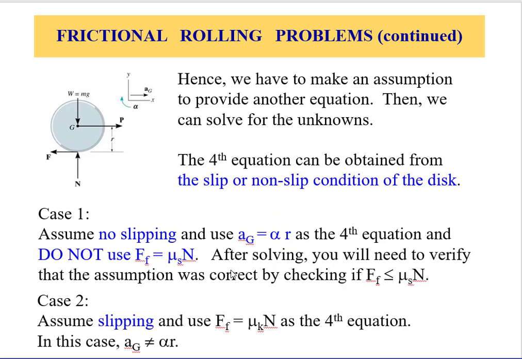So that comes from a more in-depth analysis where we examine a case and verify. In that case, we have to make an assumption and see if that assumption is correct. If not, then we move to the second case. So what does that mean?